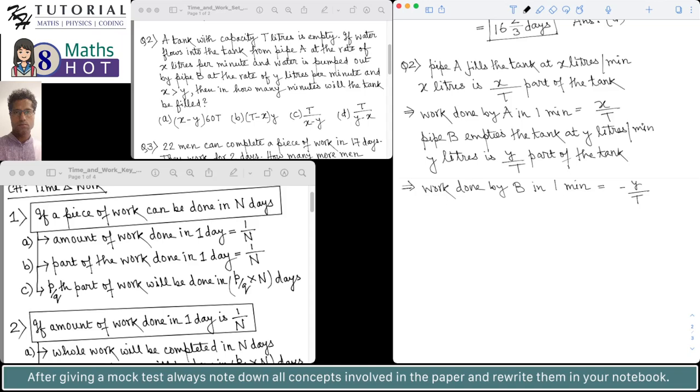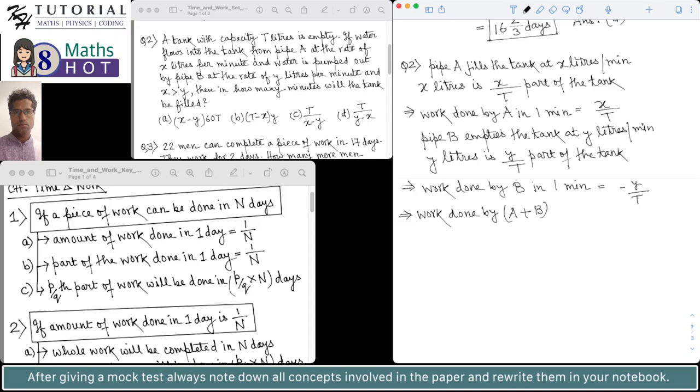Now what is the question? In how many minutes will the tank be filled? So now we need to find the work done by both the pipes, A plus B, working together.